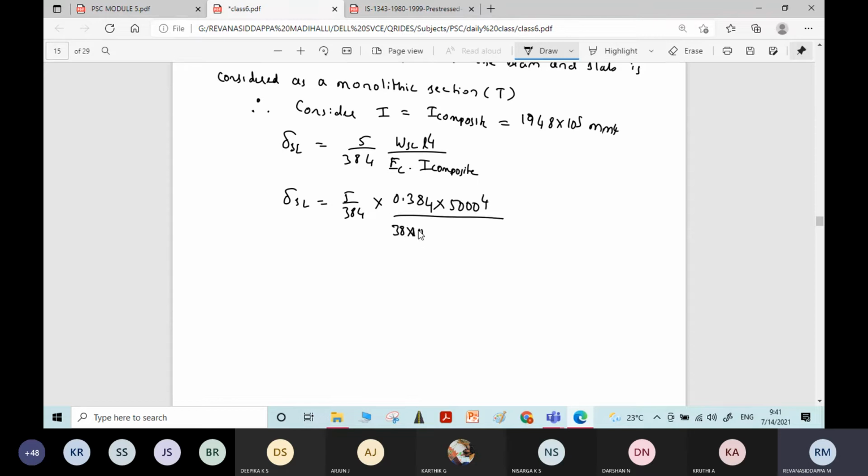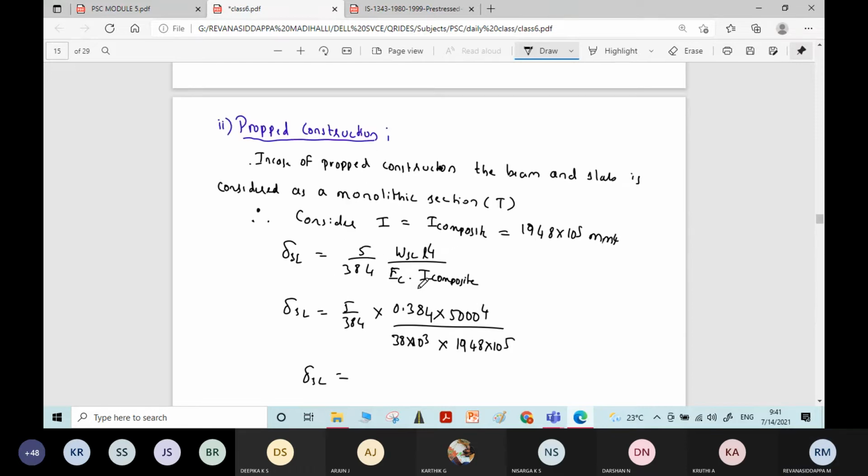Tell me the answer. Very small difference, okay. 0.46 mm.